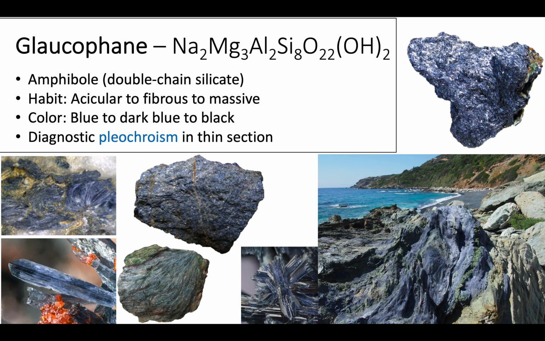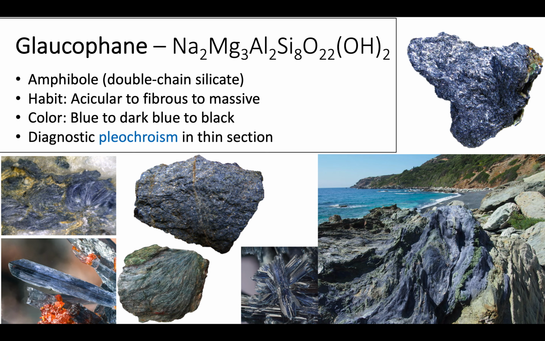But you can see just how blue this rock is. And so as soon as you see a rock that's as blue as that, you're going to guess that it's pretty rich in glaucophane. And because these minerals are in a rock type called schist, when we see this color, we're going to be calling that a blue schist.